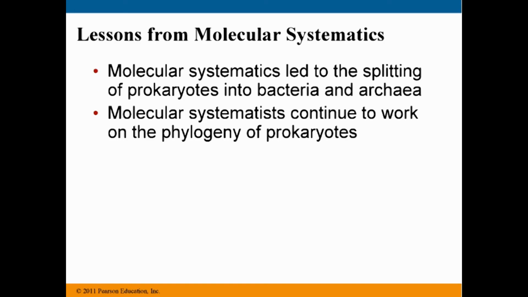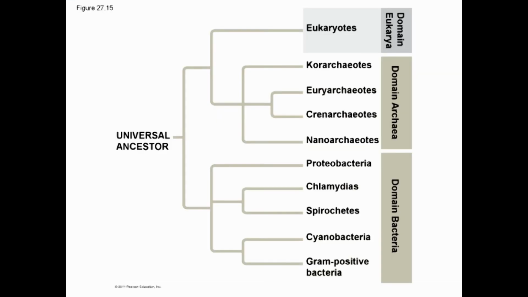This led the scientific world to get rid of the kingdom Monera and to make the domains. One of those domains would be domain Bacteria and the other domain Archaea. So here we have our universal ancestor, and that universal ancestor gave rise to, in essence, two subsets.